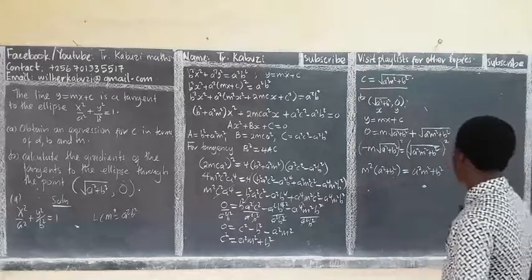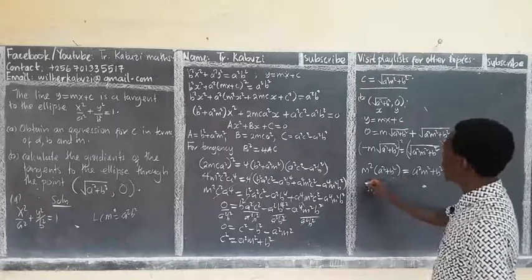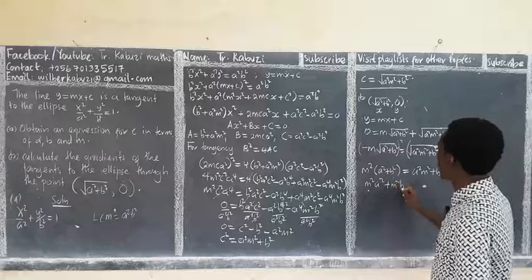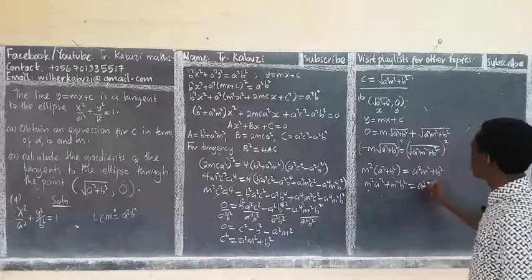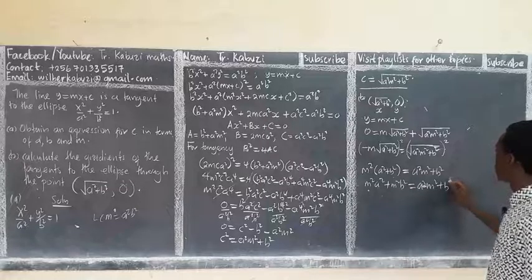When we open brackets, we have m squared a squared plus m squared b squared equal to a squared m squared plus b squared.